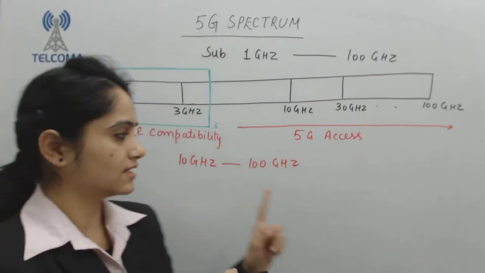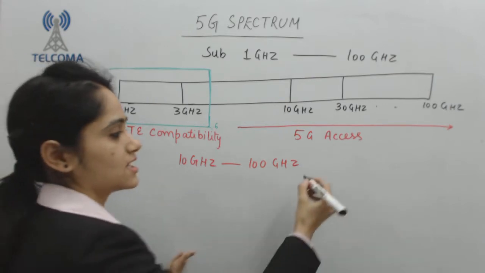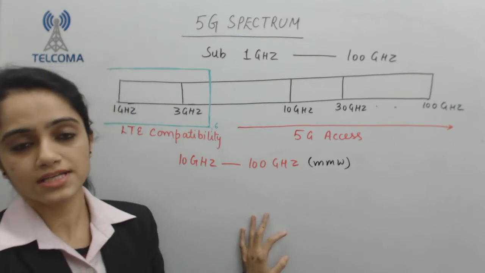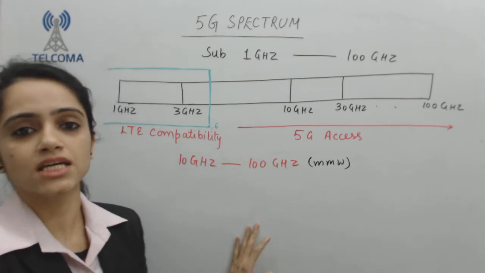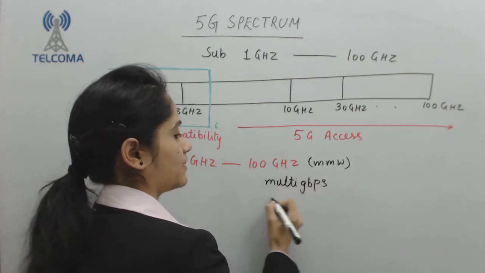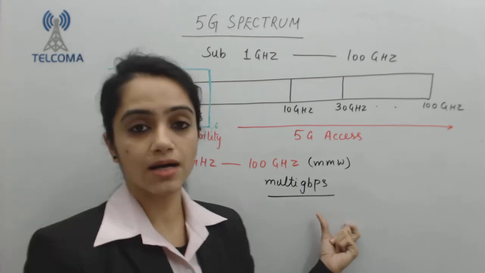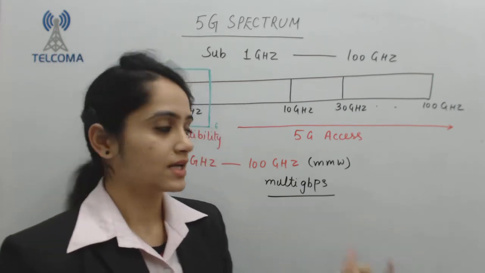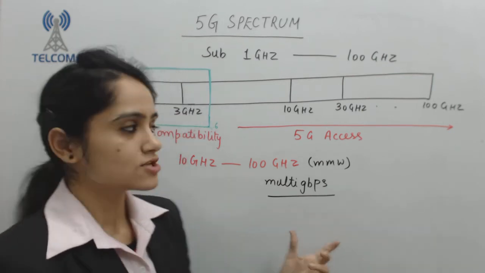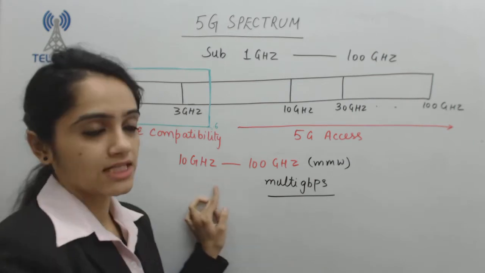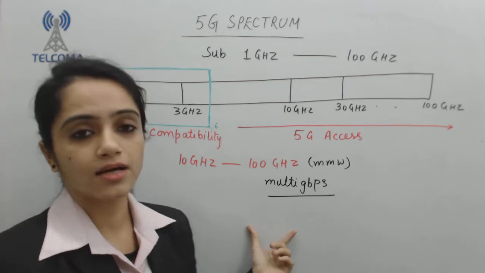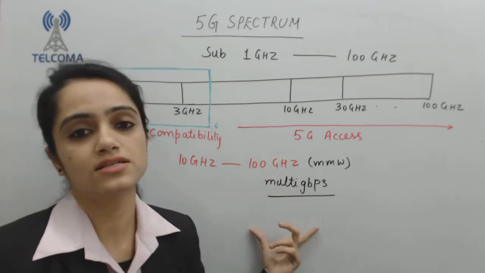From 10 gigahertz to 100 gigahertz, mmW is needed for multi-gigabit per second. Why have I specified multi-gigabit per second? Like 2 gigabit per second, 3 gigabit per second, or even 10 gigabit per second. So this band from 10 gigahertz to 100 gigahertz we require for multi-Gbps, or for 10 gigabit per second we require 100 gigahertz of frequency.